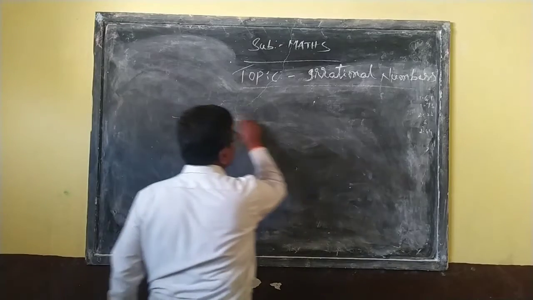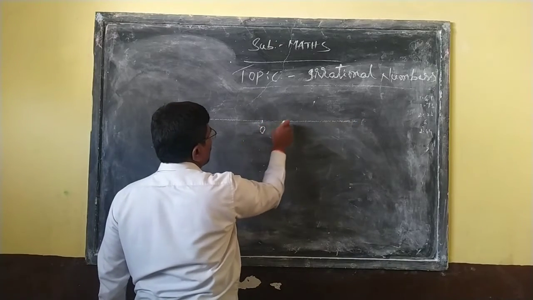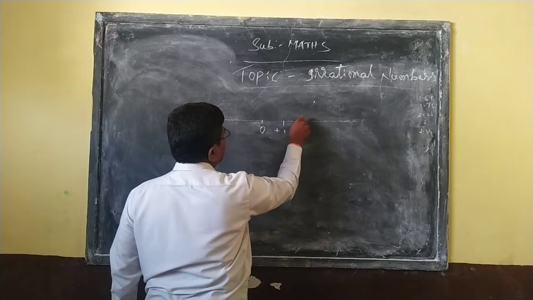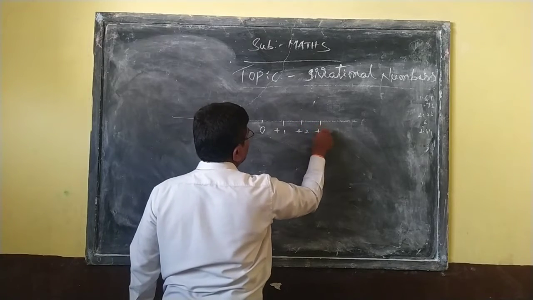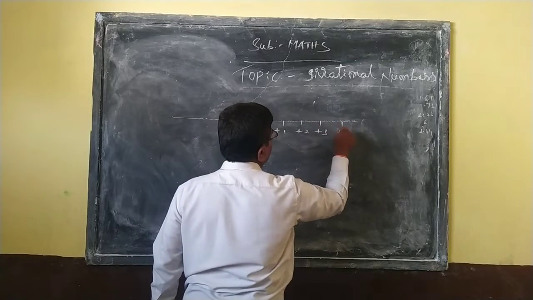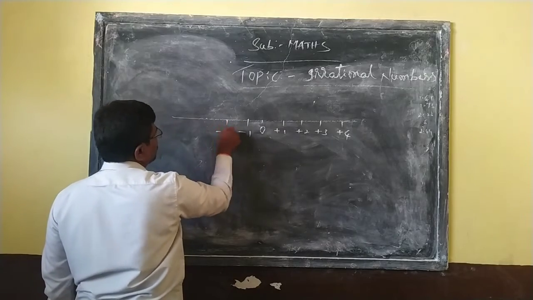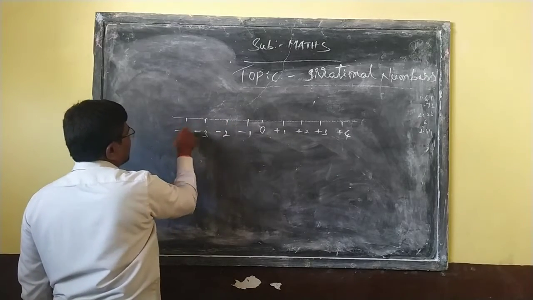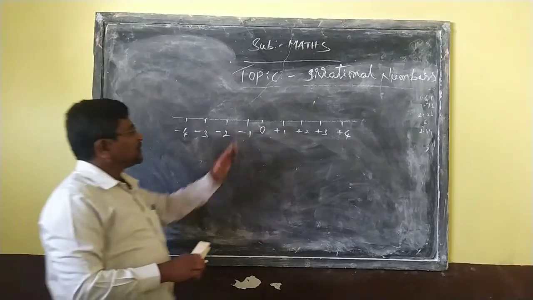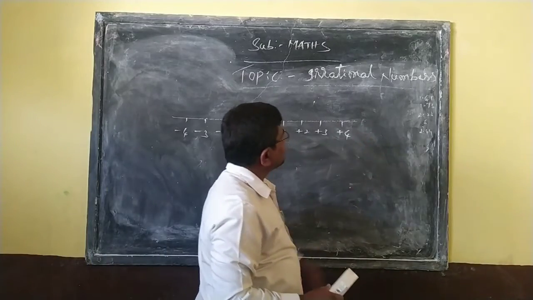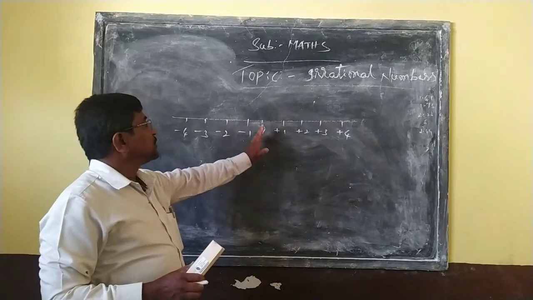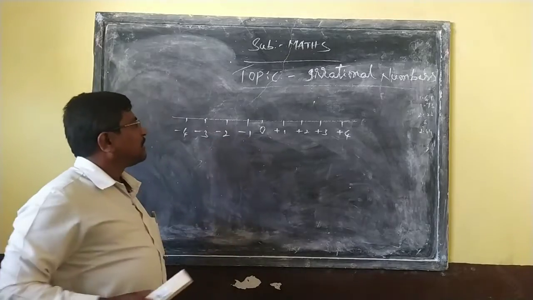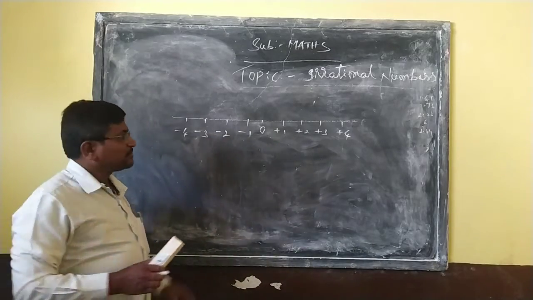So see, 0, plus 1, plus 2, plus 3, plus 4 and so on, minus 1, minus 2, minus 3, minus 4 and so on. From 0 towards the right side all positive numbers will come, and from 0 towards the left side all negative numbers will come.